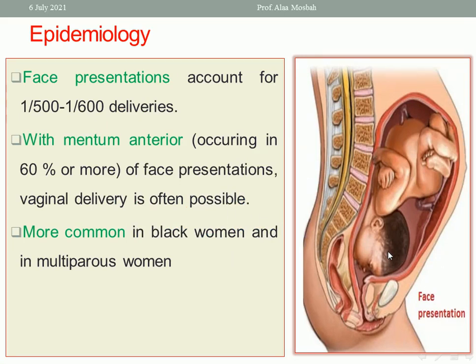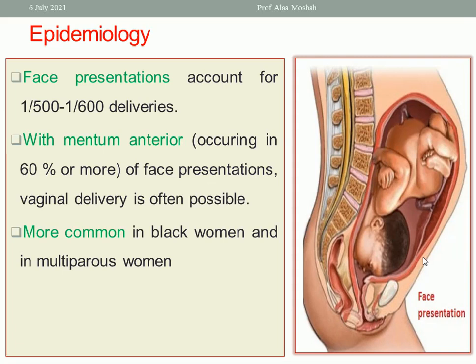That's because mentum anterior is the extended head of occipito-posterior, which is deflexed, so it becomes more deflexed, becomes extended. So it turns from occipito-posterior to a face presentation, specifically mentum anterior. That's why mentum anterior is more common than mentum posterior.